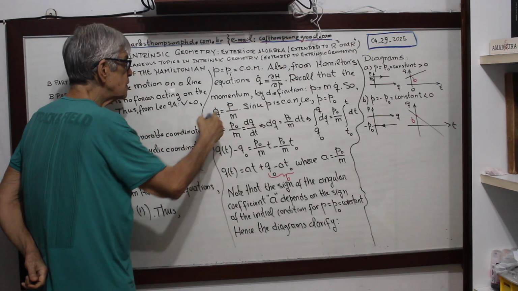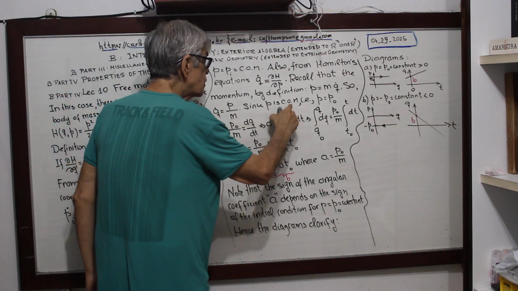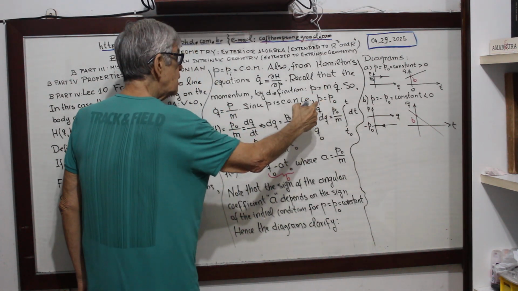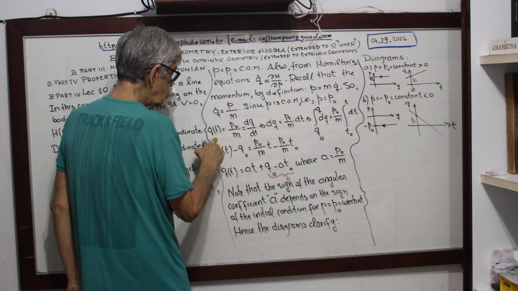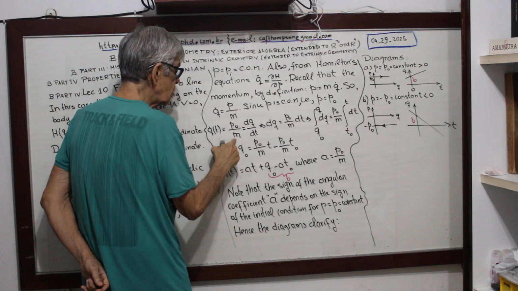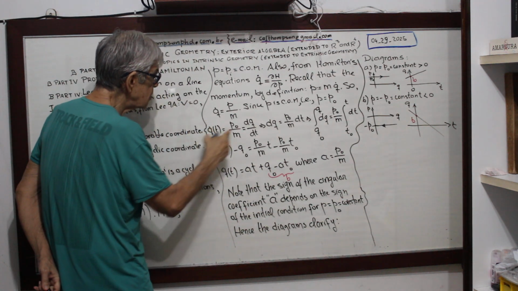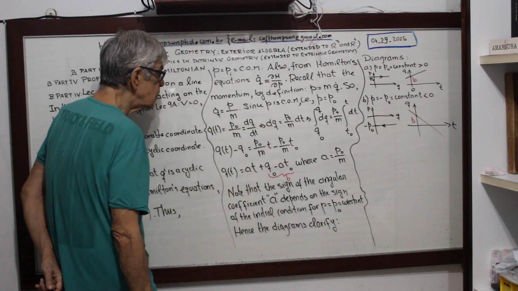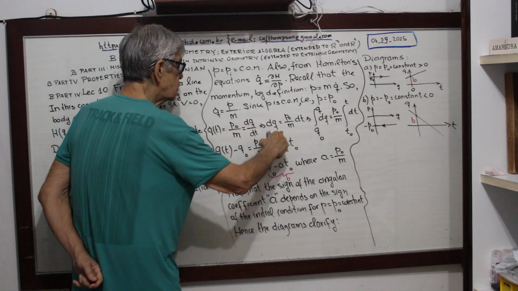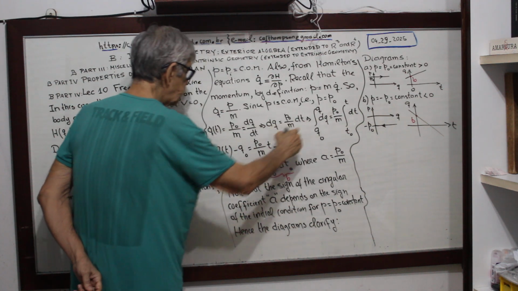Momentum divided by m is the velocity. Now, since p is a constant of motion, that is, p is equal to p0, then q dot of time is equal to a constant p0 divided by m, which by definition of q dot is dq divided by dt. Then the differential dq is p0 divided by m times dt.